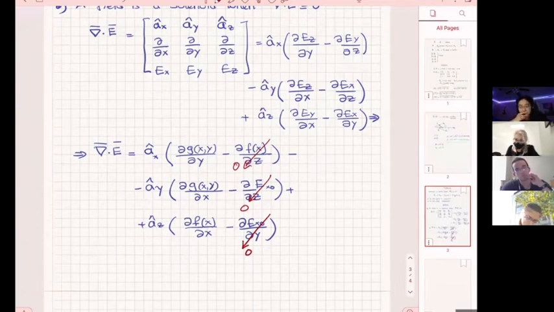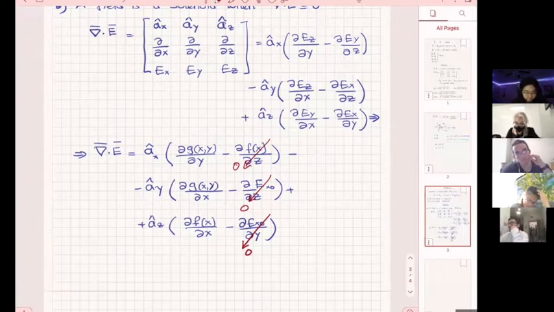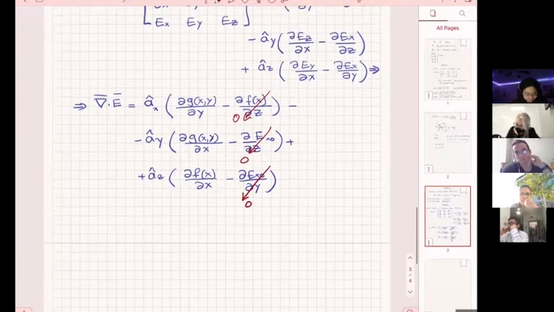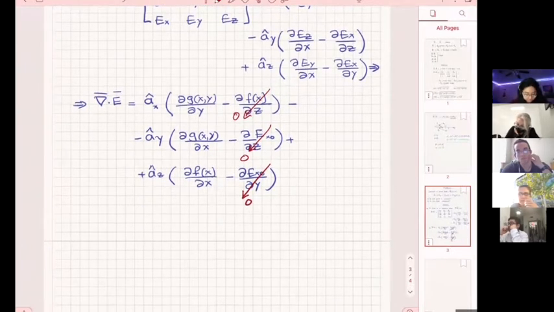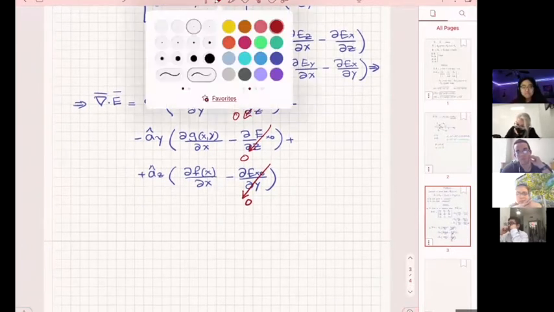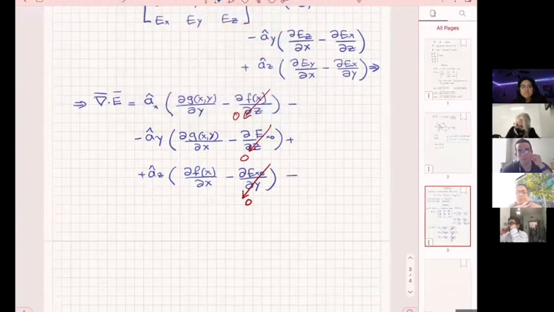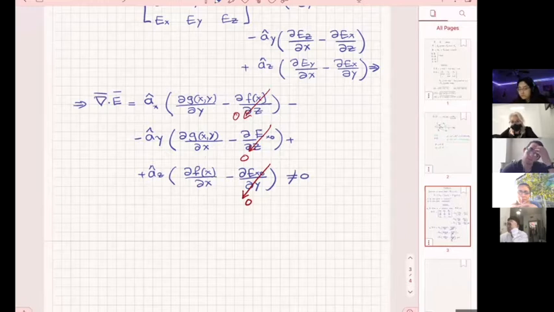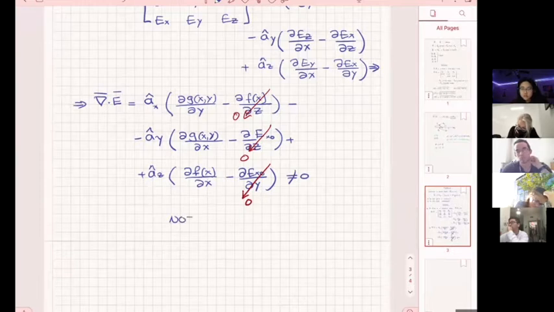The derivative of each one of those will exist. So practically that tells me that this is not 0. So as a result, this is not a solenoid.